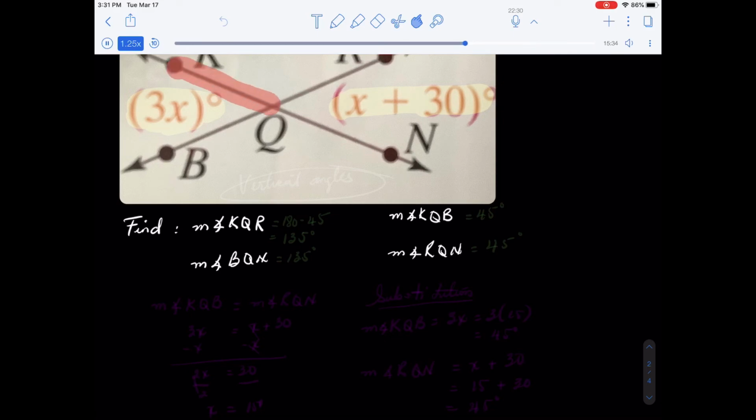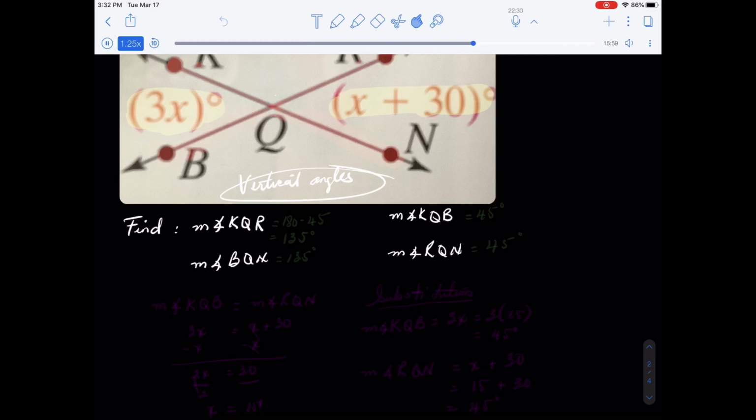This angle right here is congruent to this angle right here. We call that vertical angles. You just don't know their actual measurement, but you know they're vertical. Remember, when I said vertical angles, the measurements are the same.